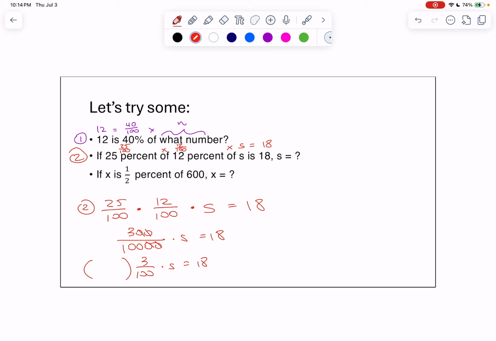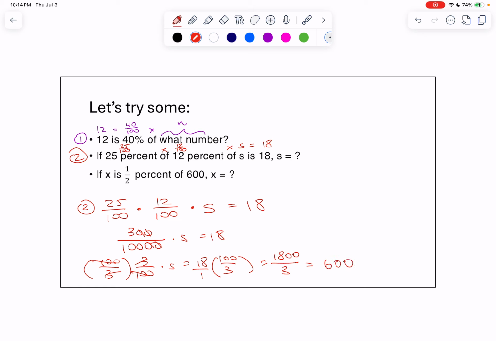We can multiply by the reciprocal or do any of those tricks that we saw before. Hundreds cancel, threes cancel, and that will be our answer. 18 times 100, or 1800, multiplying the numerators together and the denominators together, divided by 3. So we would get 1800 divided by 3, which when you punch it on our calculator gives us 600.